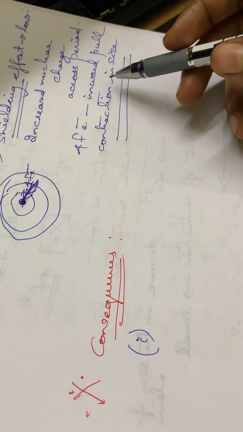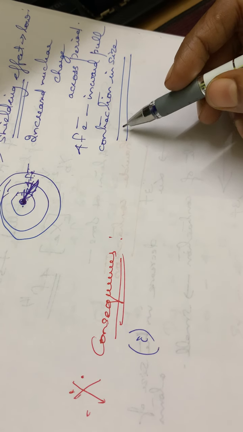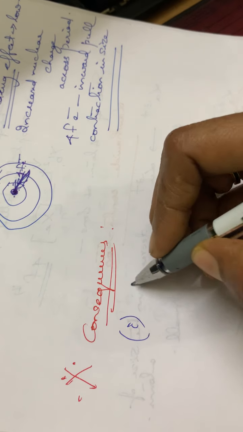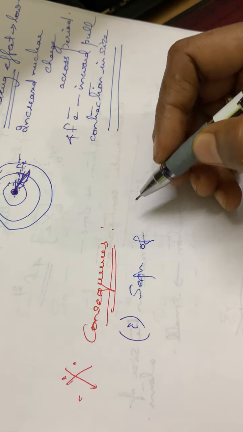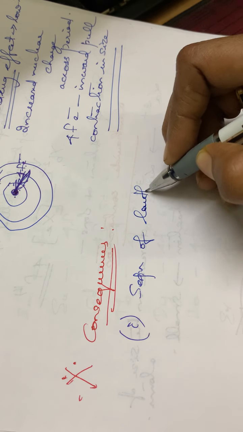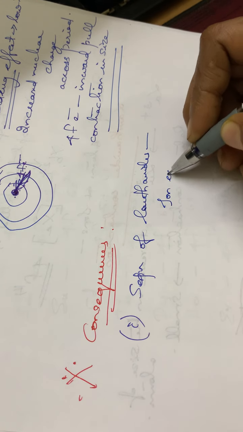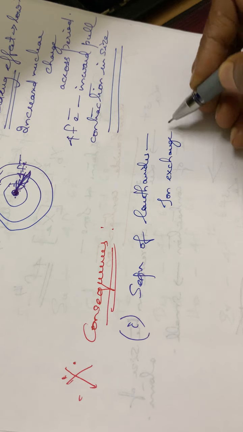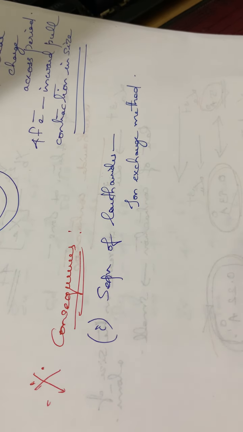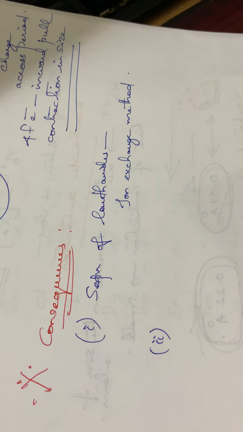So there is not much variation in their chemical properties, only very slight variations, and as a result the separation of lanthanides is possible by the ion exchange method. You have to study this ion exchange method in this chapter itself. That is the first consequence regarding this lanthanide contraction.